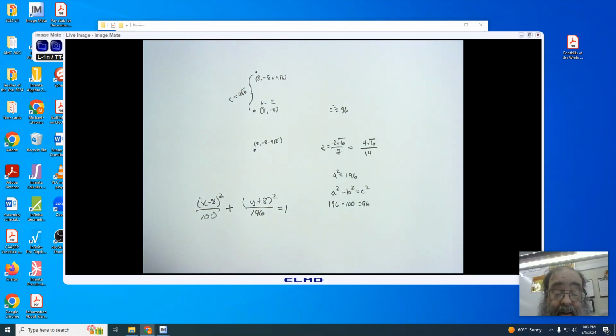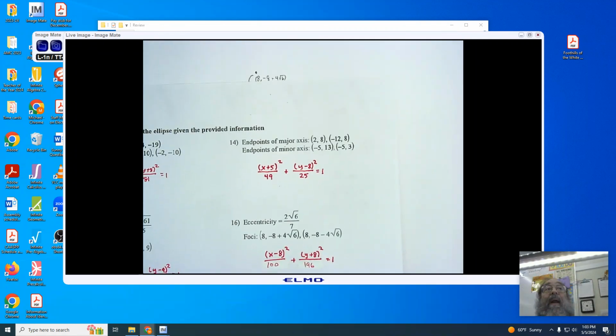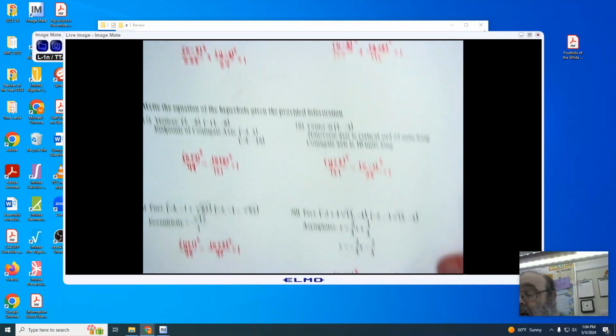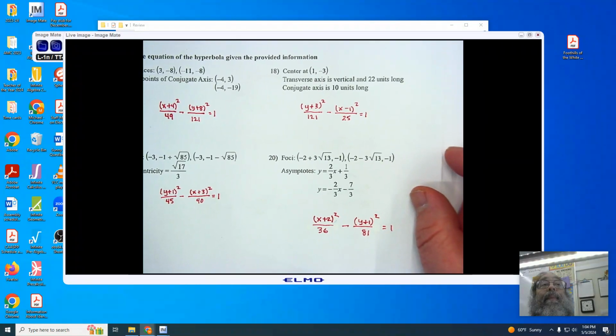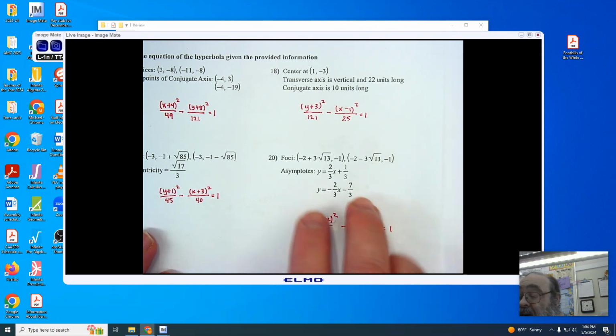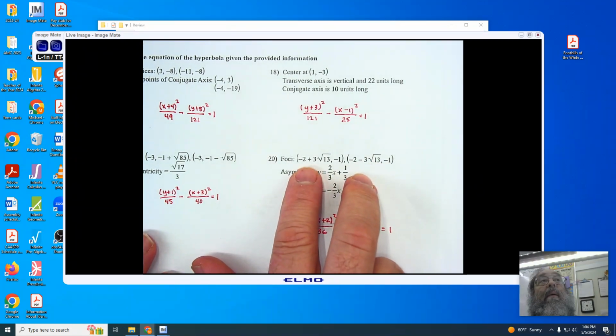All right, let's go ahead, and we're going to take a look at number 20 next. Again, let's just take a look at that. Here's our answer. And we're now looking at number 20. Number 20 is all about drawing our picture as best we can with the information they've given me. I've got 2 foci.